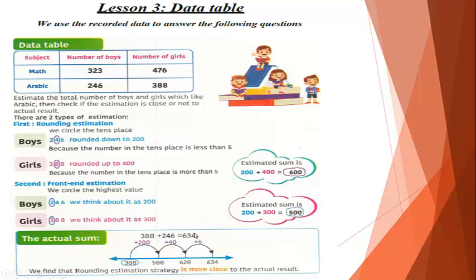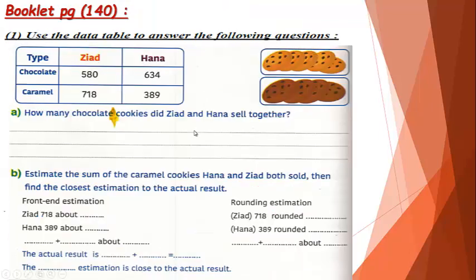So the rounding estimation is closer to the actual result. Let's see another exercise and solve it together to get the point and understand it more.